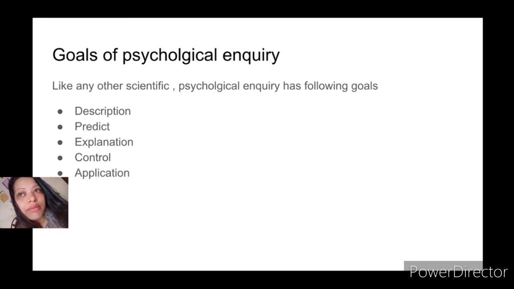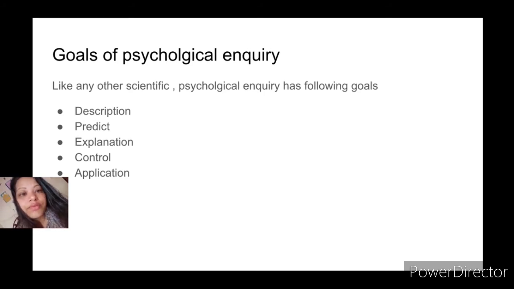So everything will come. It's a very vast topic, but you should be very careful while describing a particular behavior. For example, you only want to study the behavior of the students with teachers, so you will take only one behavior which you will observe, and you will give proper data, and also you will analyze it. Okay, so description is very important while you are going for a psychological inquiry.